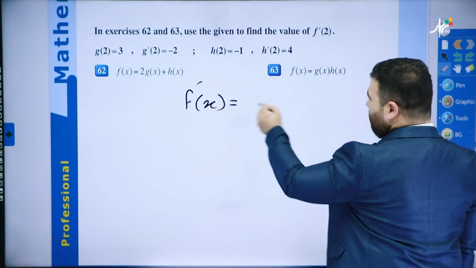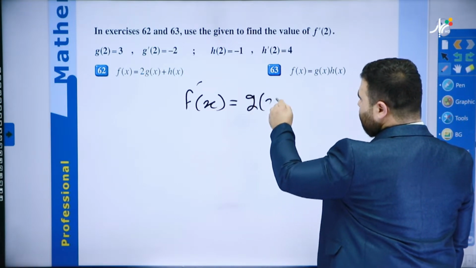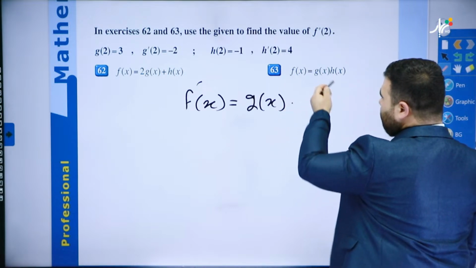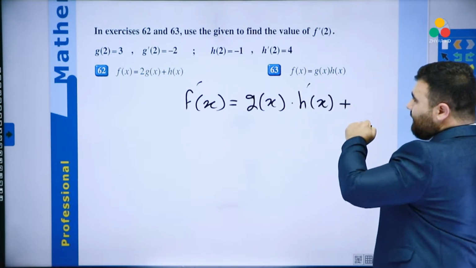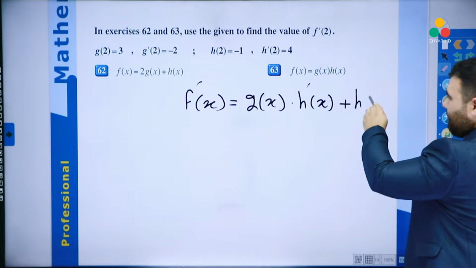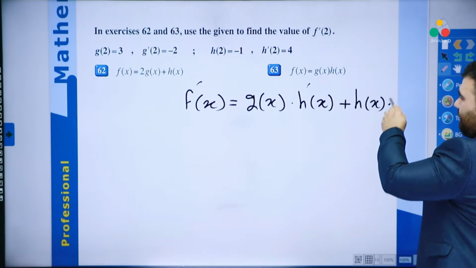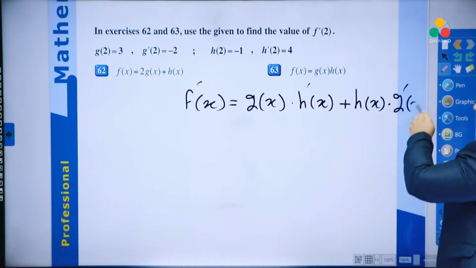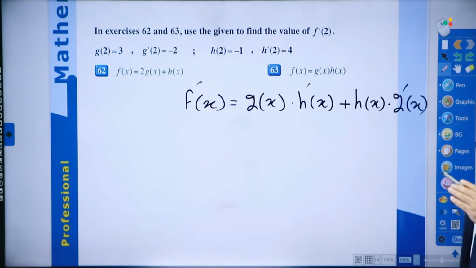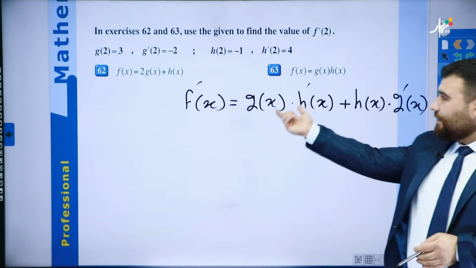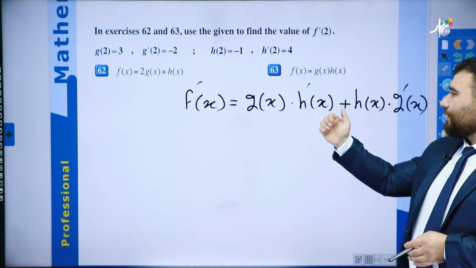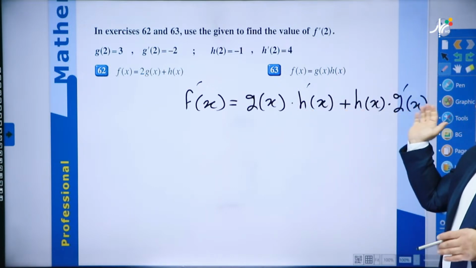According to the product rule, it says first times derivative of second, h prime of x, plus second, which is h of x, times derivative of first, g prime of x. Now, this is the derivative of function f. It's first times derivative of second, correct, plus second times derivative of first, correct.